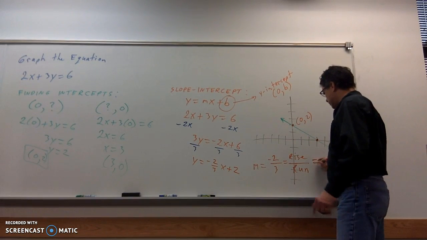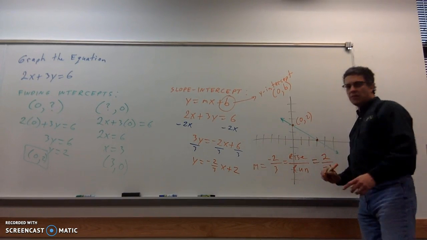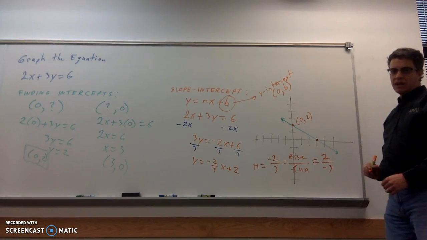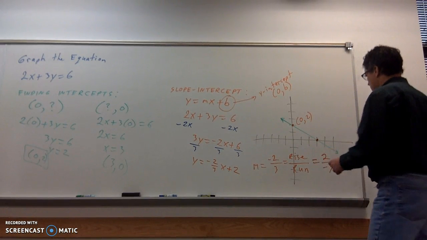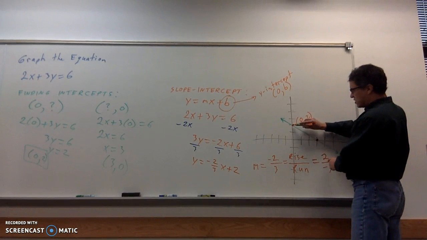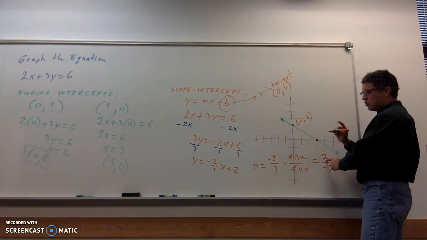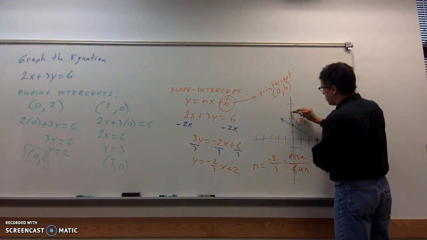Incidentally, I could have written my slope as 2 over negative 3. Okay, I'm just going to try to hammer the point home with the whole sign issue here. If that were the case, I've got my y-intercept here, and since that's a positive 2, my rise would be going up 2. So up 1, 2.